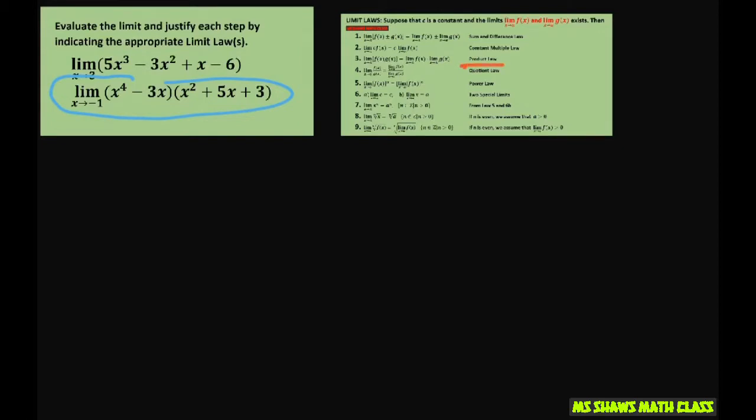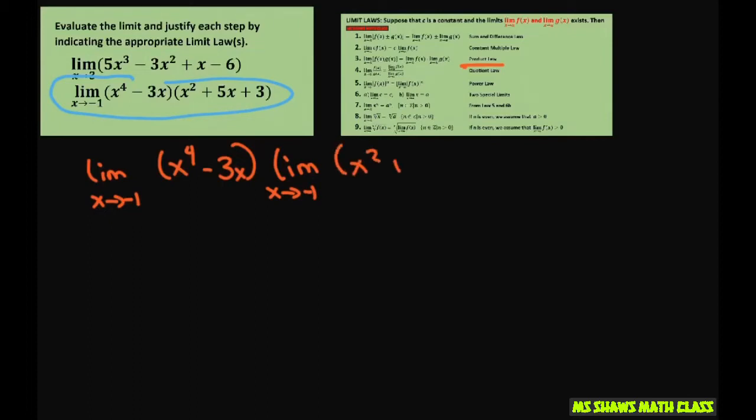So what we can do is say that this is the limit as x approaches negative 1 of x to the 4th minus 3x times the limit as x approaches negative 1 of x squared plus 5x plus 3. So that was the product rule, and that is number 3.